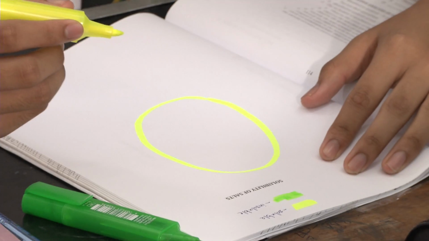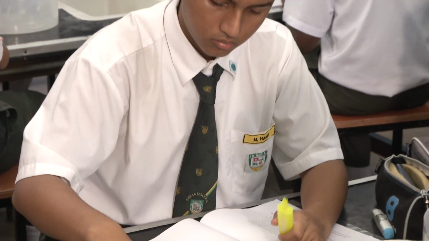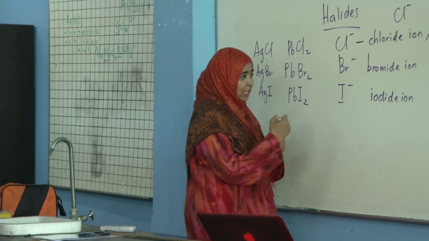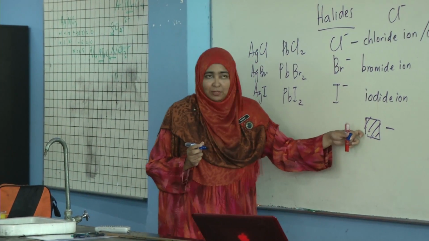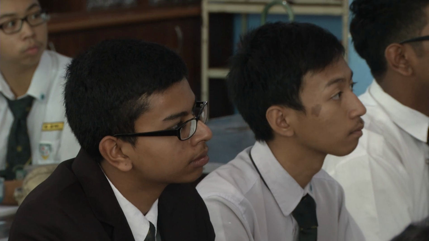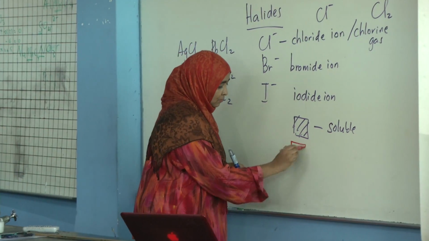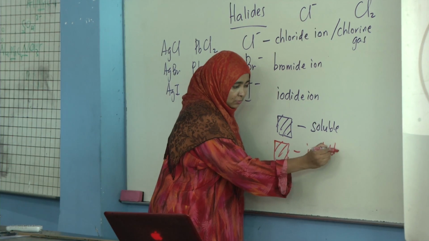Make sure you have how many colors? 2 different colors. And then, after you have drawn the circles, at the end, you draw a box like this. But mine is purple. So, this is representing blue, soluble. And then, my red is insoluble.